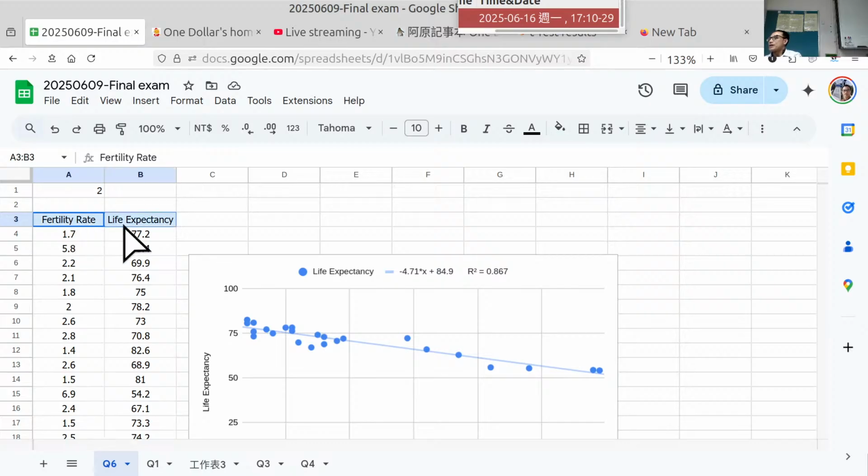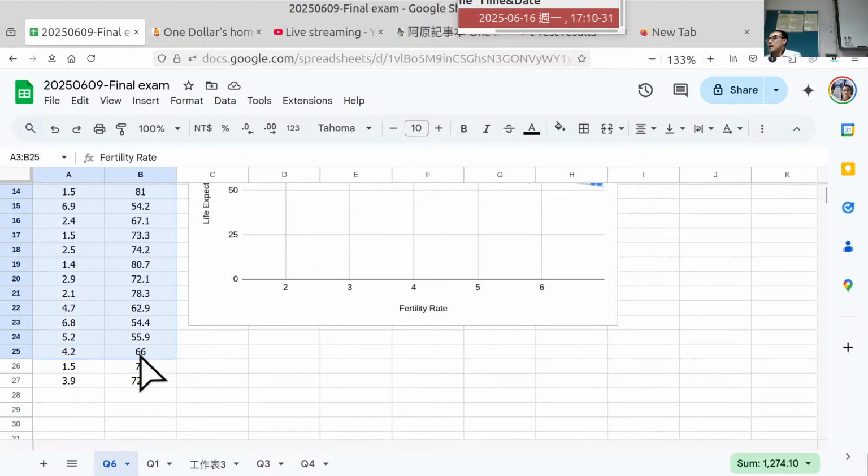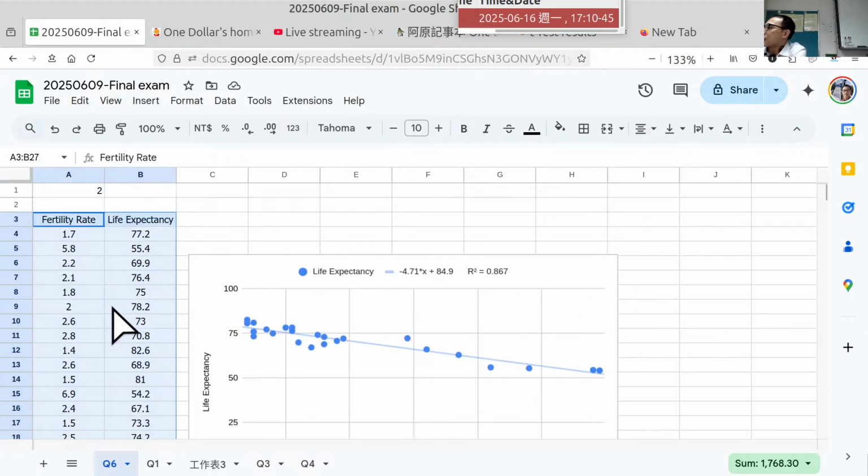We can copy the original information here, and by observing, something is very strange, because someone rearranged the data from small to big. Someone sorted the data. Under this situation, we don't need to do that. Just select the range and insert. Okay, let me do that again.